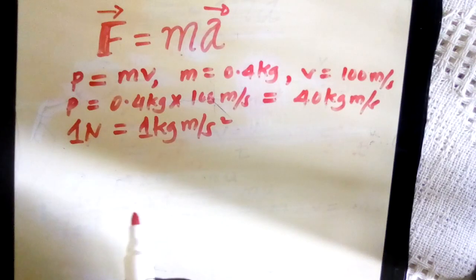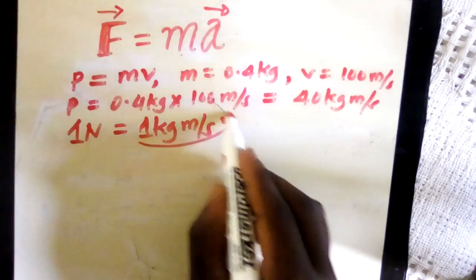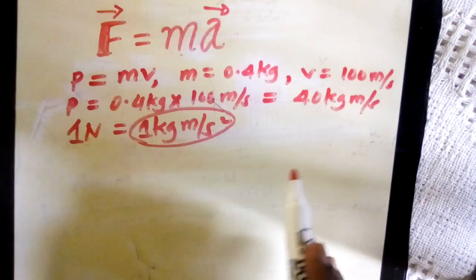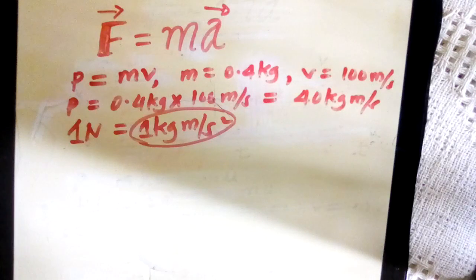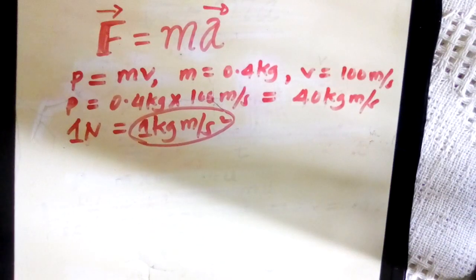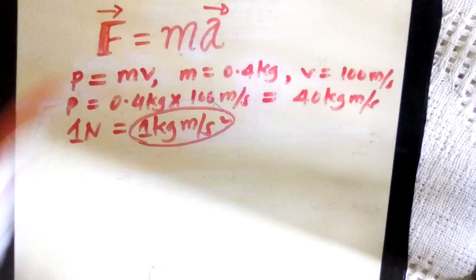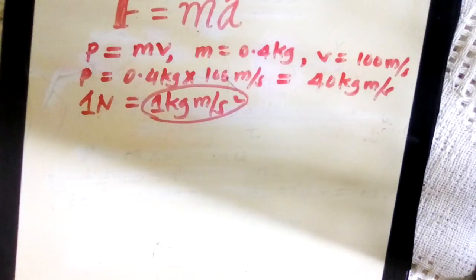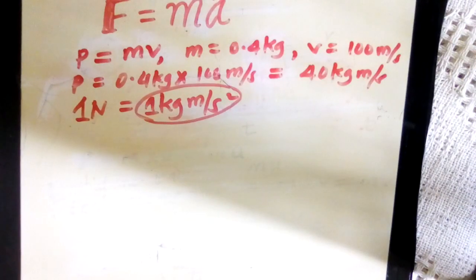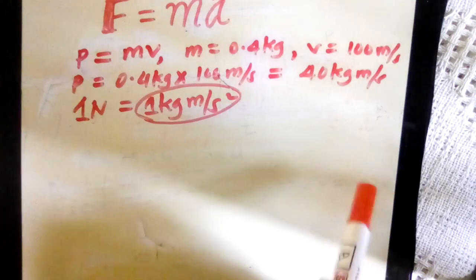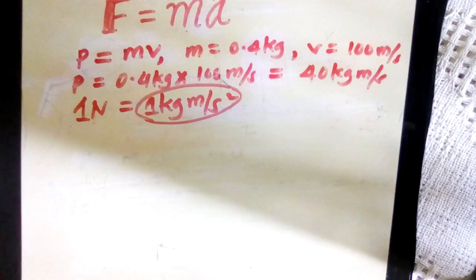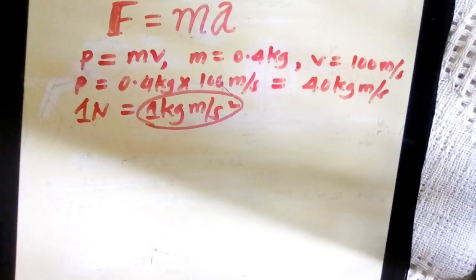So this is what is meant by 1 Newton, and keep in mind that this SI unit is going to be used at a later stage, since I'm going to go over a few problems related to this formula. So stay tuned to this tutorial. Great. Having seen these terms, we can now go ahead and look at how we can derive this formula.